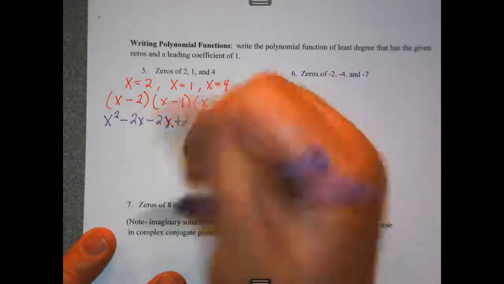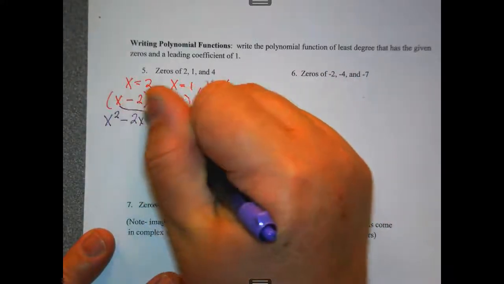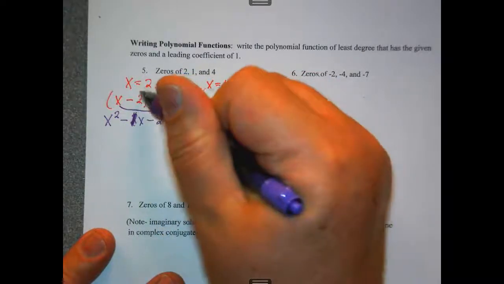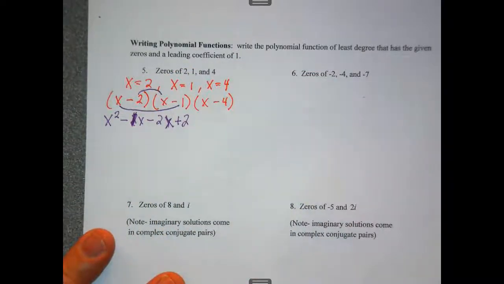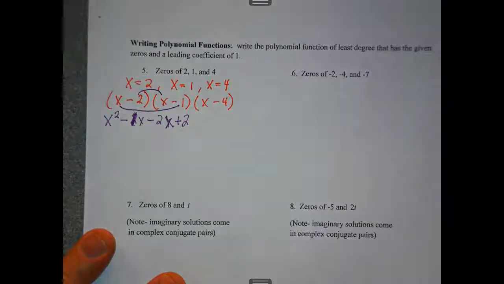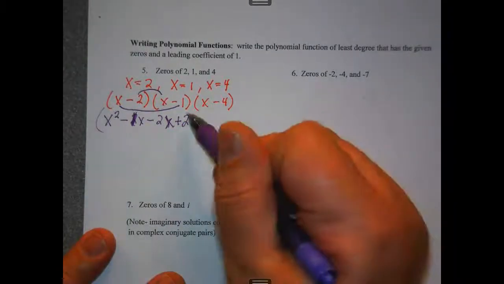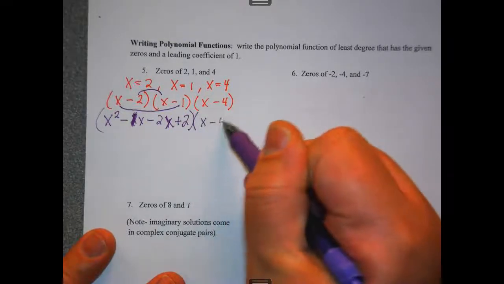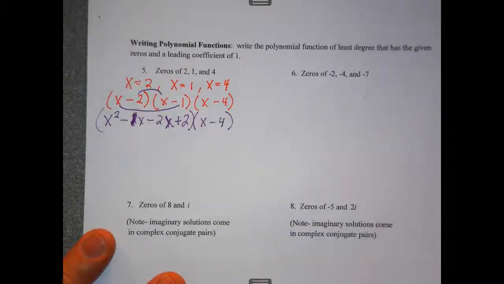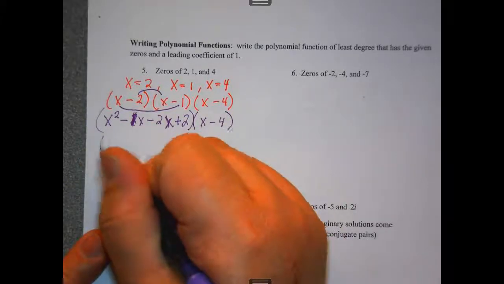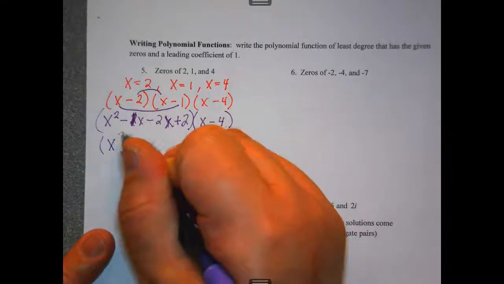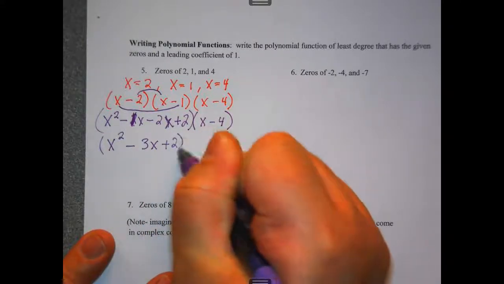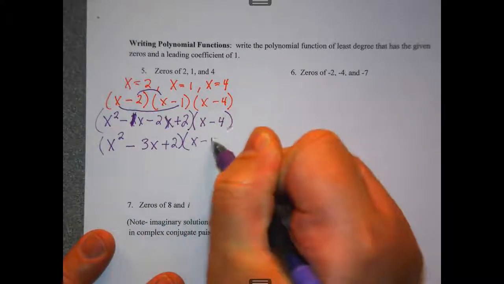Okay, so outside, negative 1x. Inside, negative 2x. Then we still have to multiply it by x minus 4. So this simplifies to x squared minus 3x plus 2 times x minus 4.